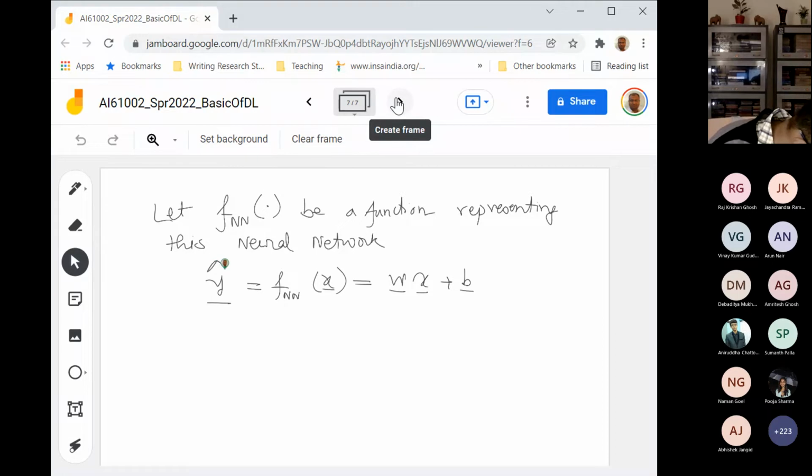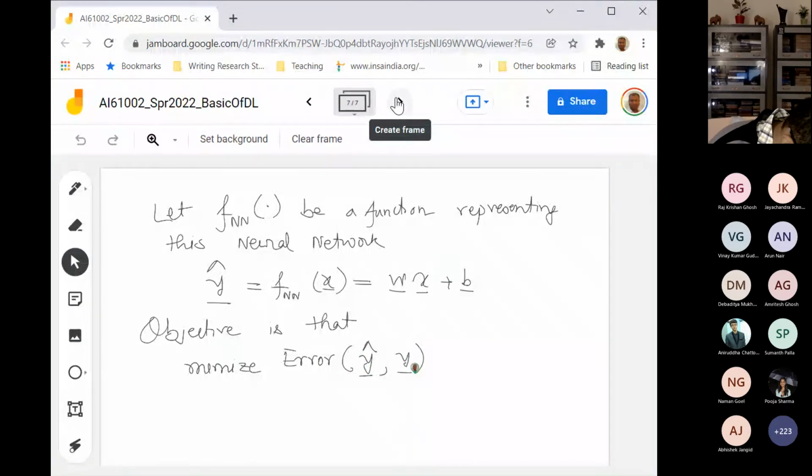See, this is how I write it. So my objective over here is that we want to minimize some sort of an error between this prediction and whatever is the real, over a set of examples.